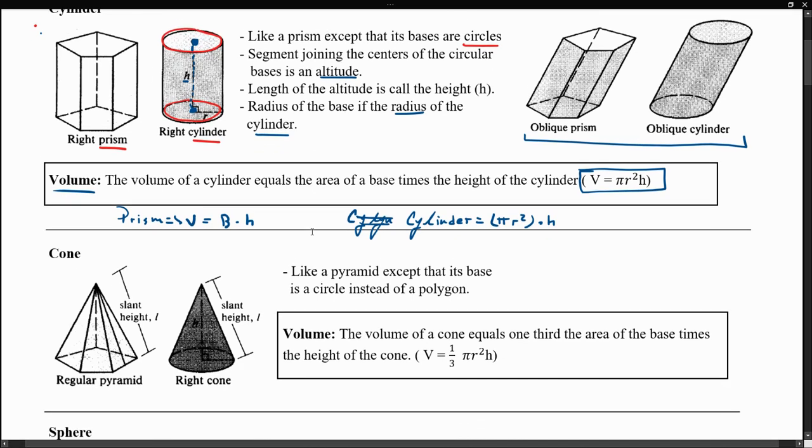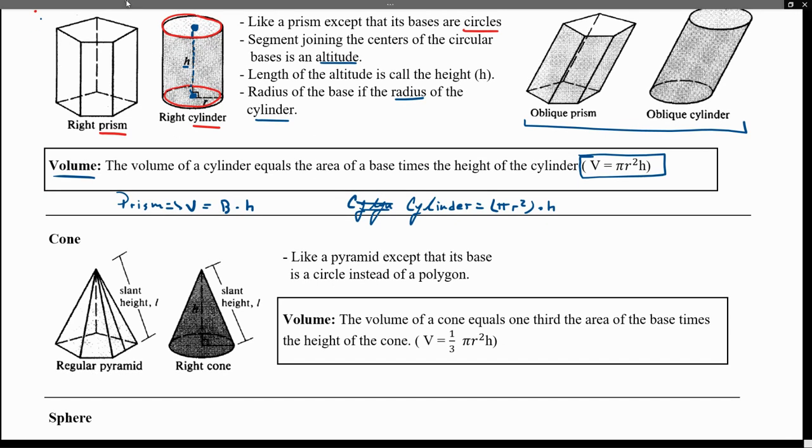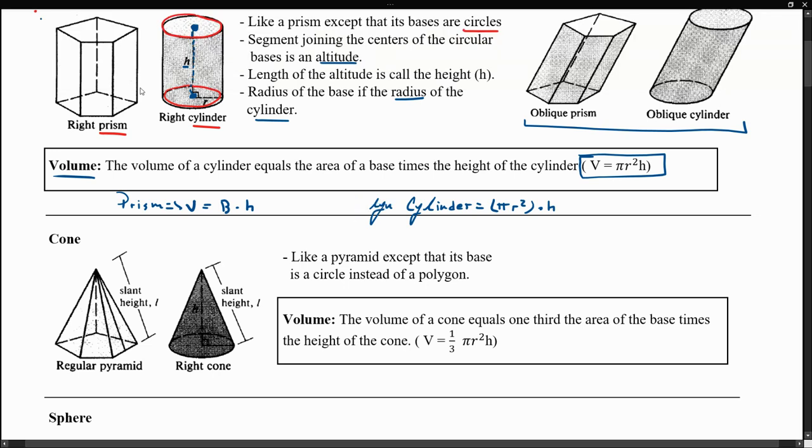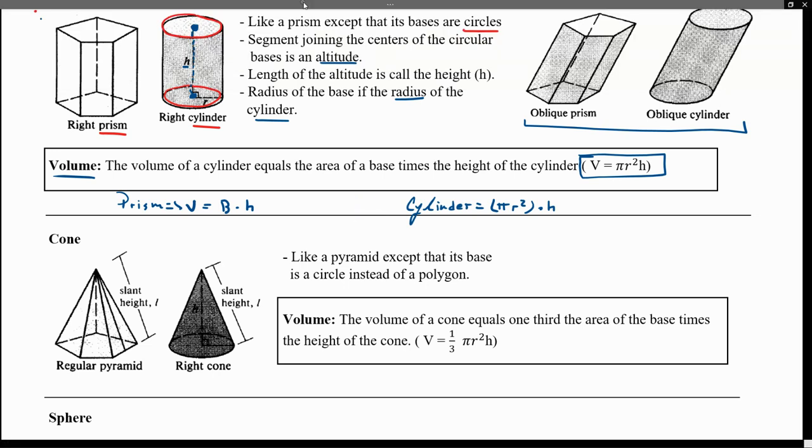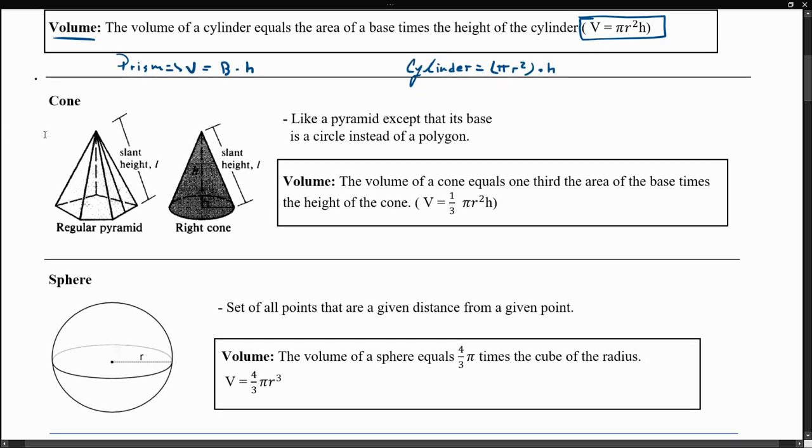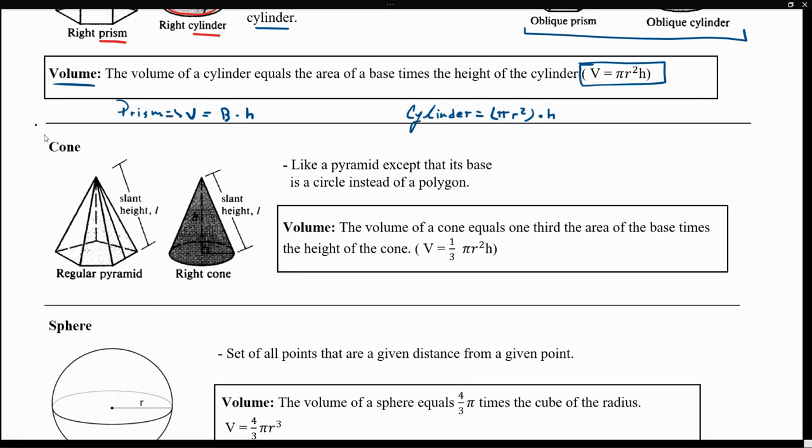So now let me just erase this. Our next figure is a cone. So what exactly is a cone? A cone has the same characteristics as a pyramid, because a cone is a pyramid. The only difference is that for a cone, our base is a circle.